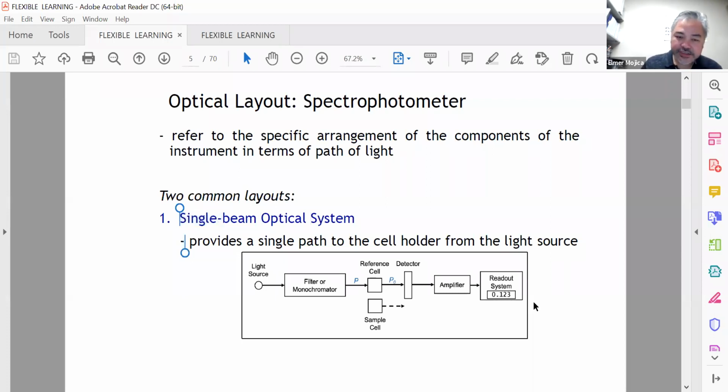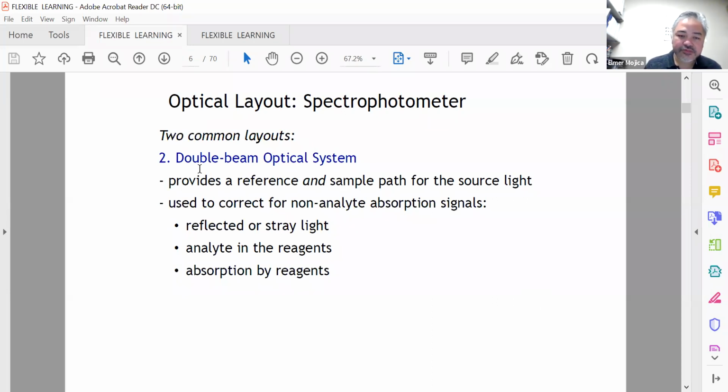Now the other layout is what we call a double beam optical system. A double beam optical system provides a reference path and a sample path for the light source. The way you do it is for correction purposes, to correct for the non-analyte absorption signals.